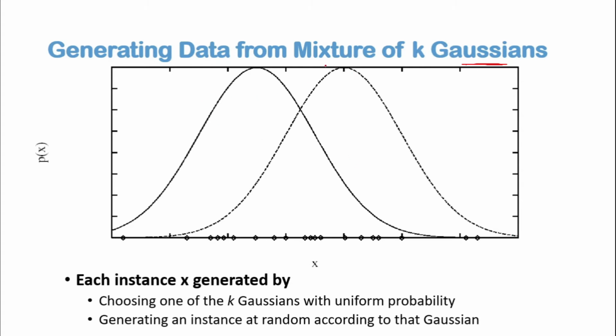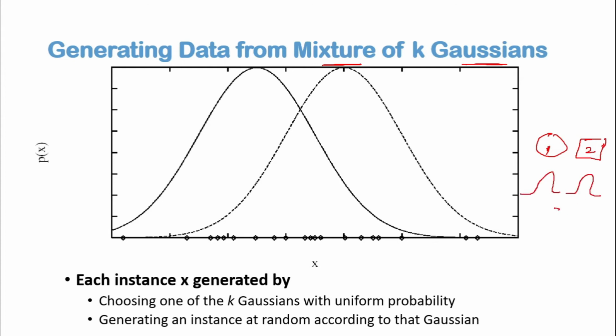Generating data from a mixture of Gaussian distributions. What is a mixture of Gaussian distributions? For a single object there will be one Gaussian distribution, but for multiple objects there are multiple Gaussian distributions. For example, if there are two objects, object number 1 and object number 2, and both are different, then we have two different Gaussians.